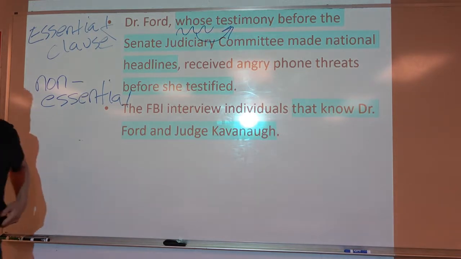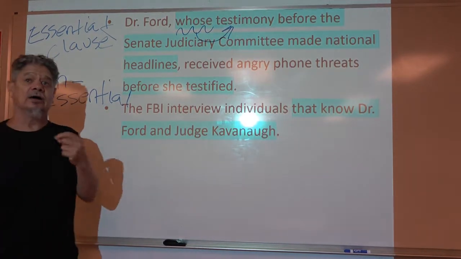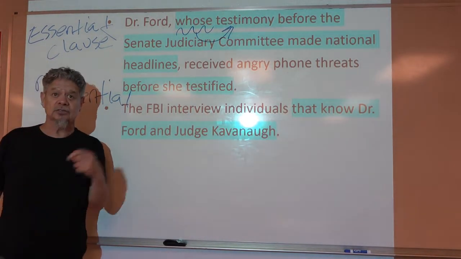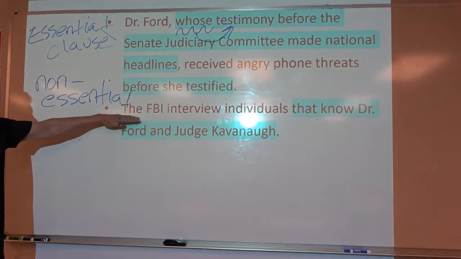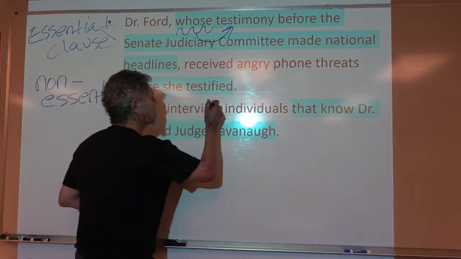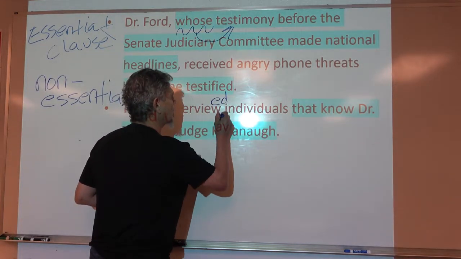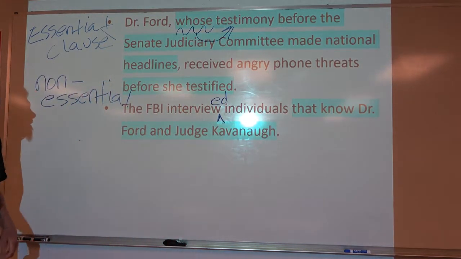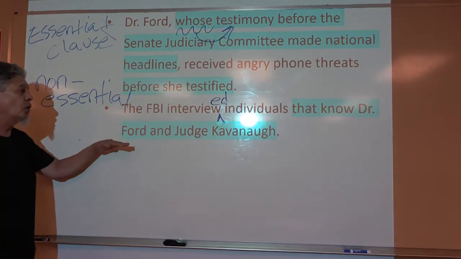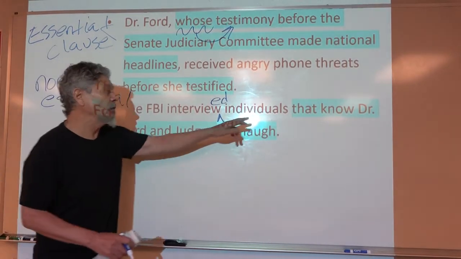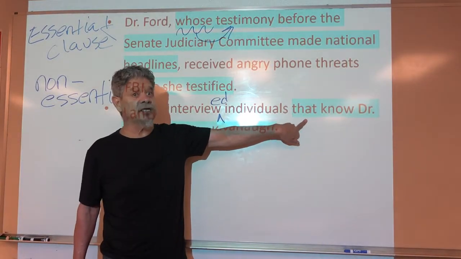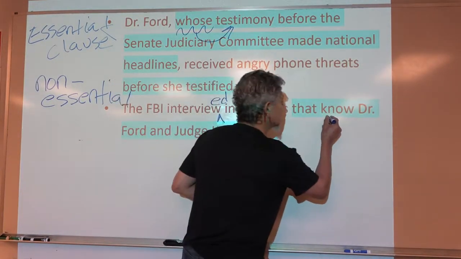So your homework is to write sentences that are non-essential and essential. So here I'm giving you examples. The next example: the FBI interviewed individuals that know Dr. Ford and Judge Kavanaugh. Now, notice, this is not a subordinating conjunction because this is a verb.